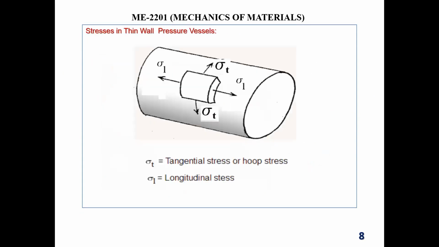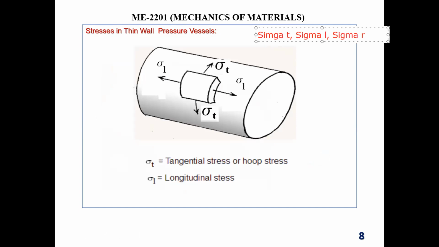Now, I'd like to say one thing: if the pressure vessel is thin wall, we get three stresses, right? One is sigma T, where sigma T means tangential stress. We get sigma L, longitudinal stress. The other one we get is sigma R, radial stress.